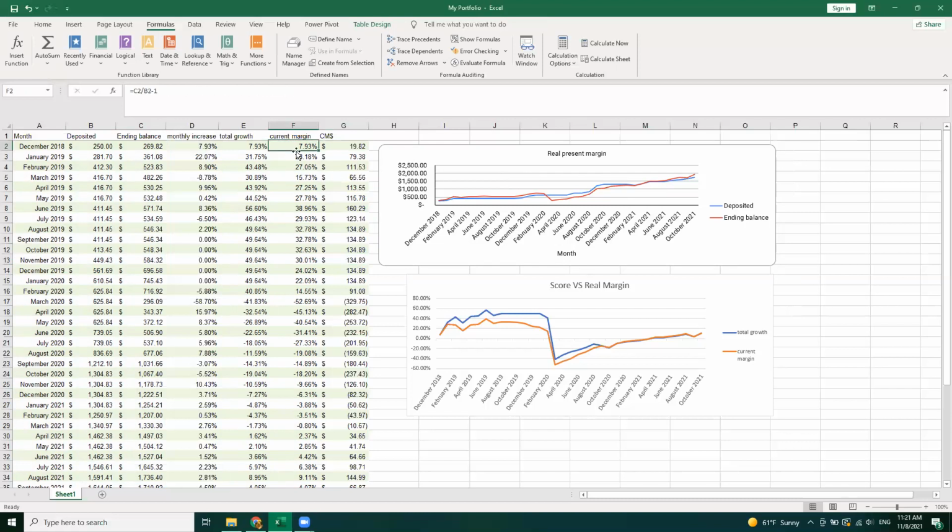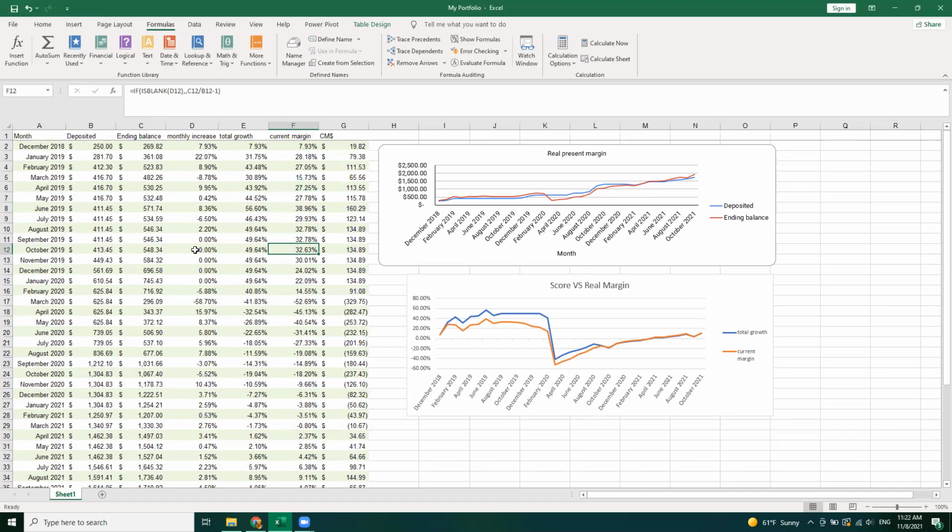So the first one is just monthly increase, right? The second one is measuring C3 minus B1. And the next one is the same thing, but it looks like I start looking for blanks. I start looking for if D is 0.